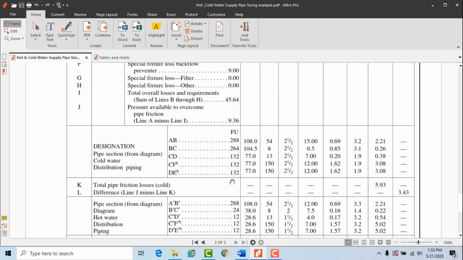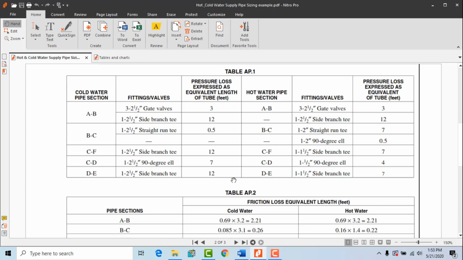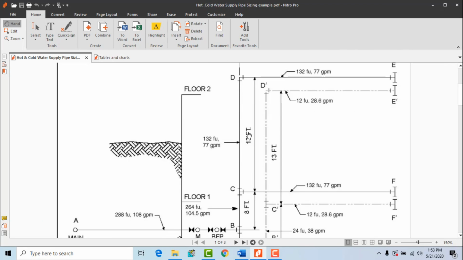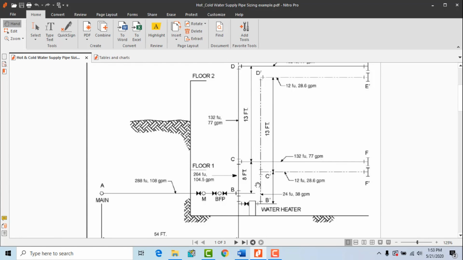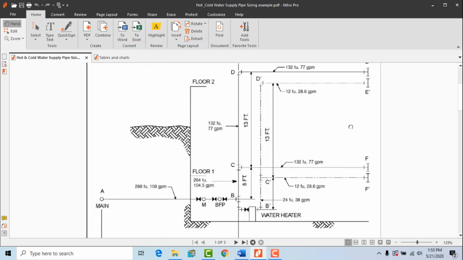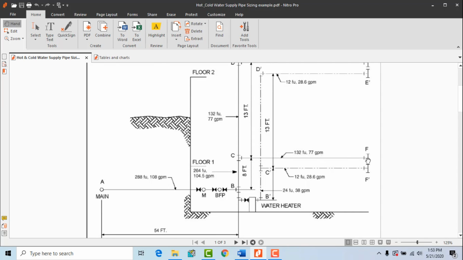So now, as you can see, we need to divide our drawing into different sections, where major changes in elevation or branches lead to the fixture group. So A to B is one section, B to C one section, C to D one section, D to E one, and then C to F another section.